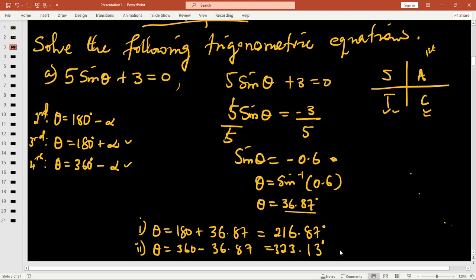These are the two solutions that we're looking for. Therefore, theta is equal to 216.87 degrees, and also theta is equal to 323.13 degrees. These are the two solutions for this equation. Okay, let's look at the second example. I'll just erase what we have here.